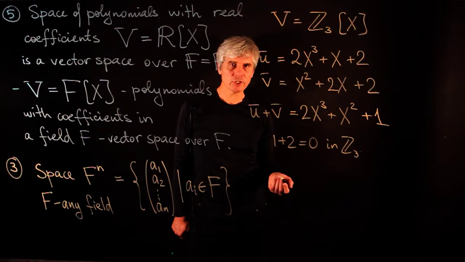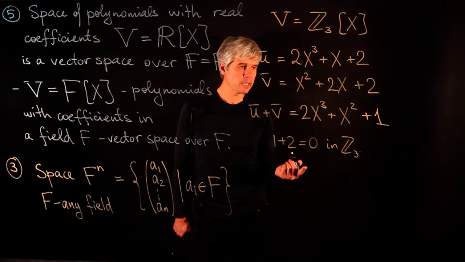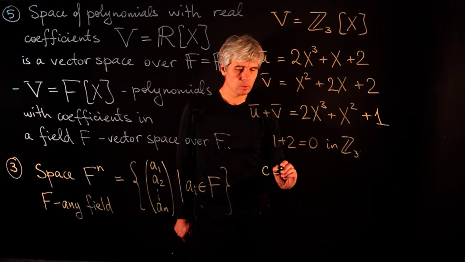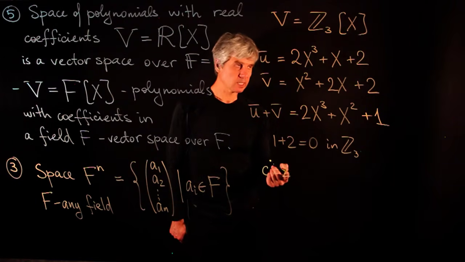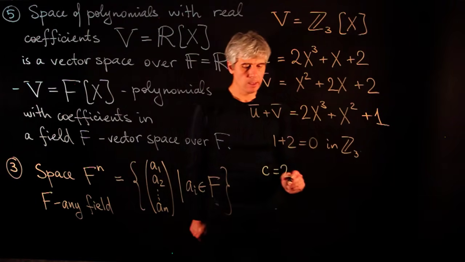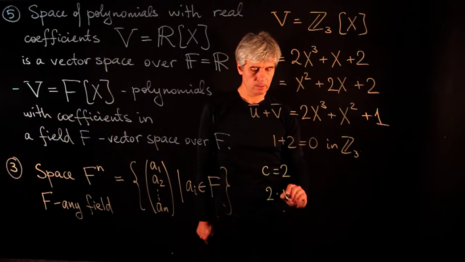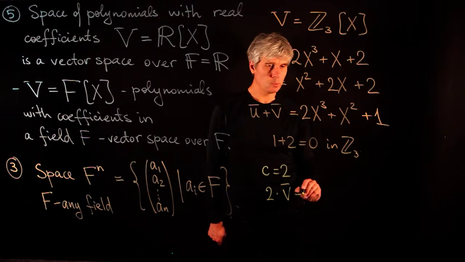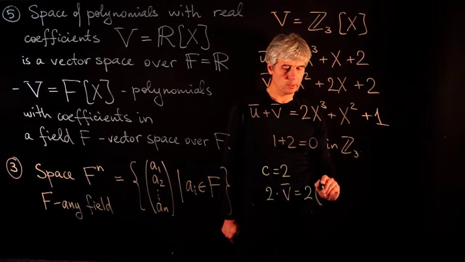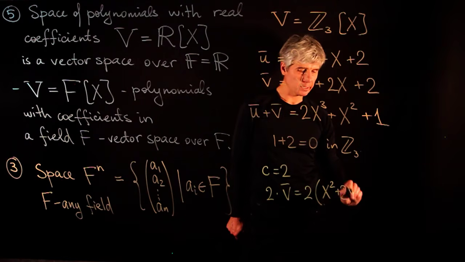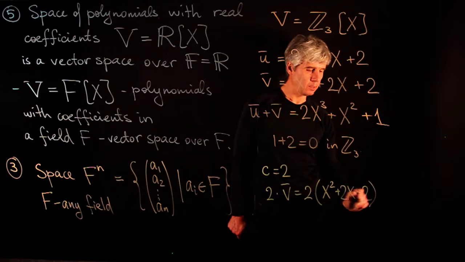In a similar fashion, we can multiply vectors by scalars here. So if we take C to be 2, so this is a scalar from Z3, then 2 times V is going to be 2 times the polynomial x squared plus 2x plus 2.